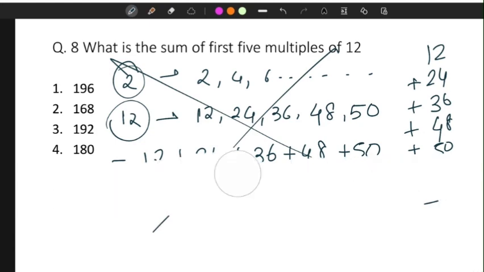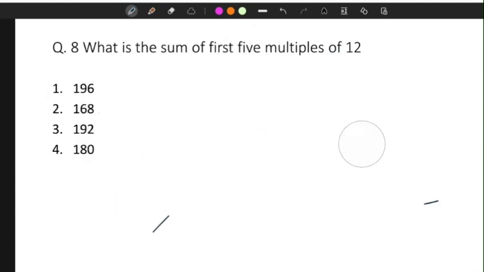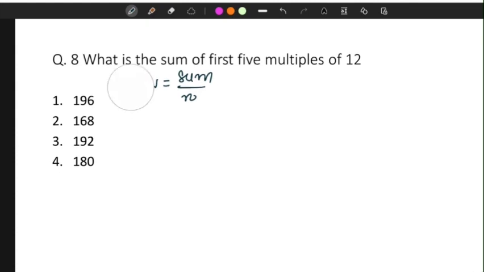Look here. Always keep in mind, we know that average is equal to the sum of the observations divided by the total number of observations. We know this formula.